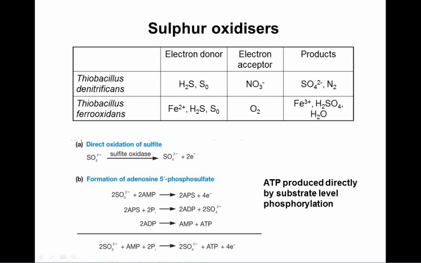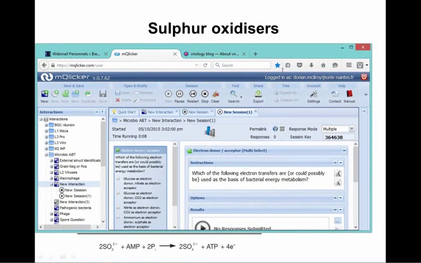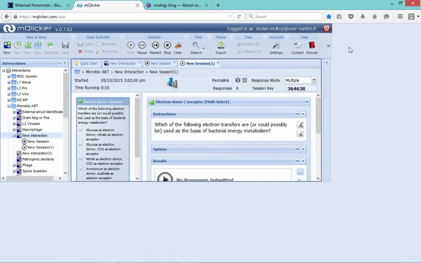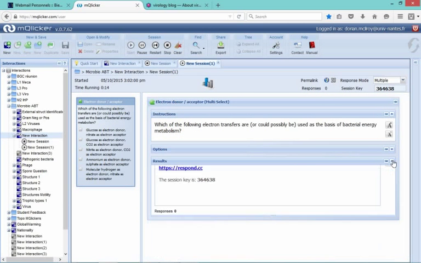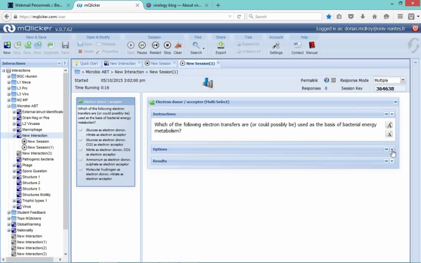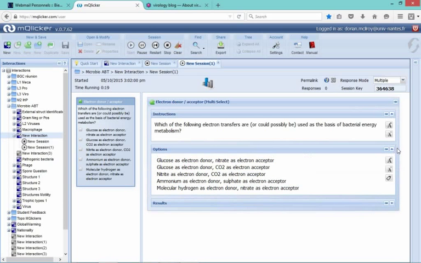Okay, so let's see if you can get this one. I'm going to shift the window over. Okay, so which one of these is going to work as a basis for energy metabolism? Think about it.